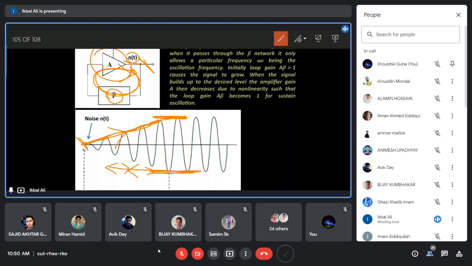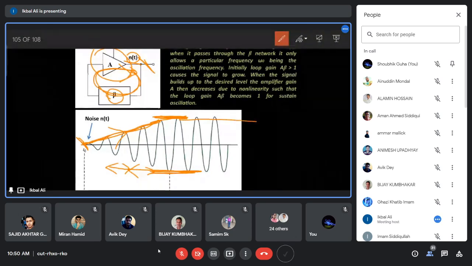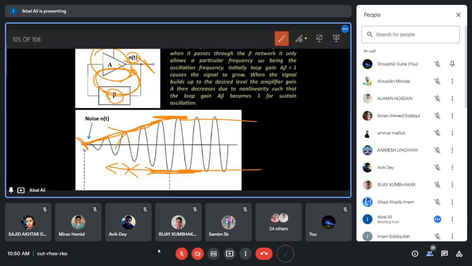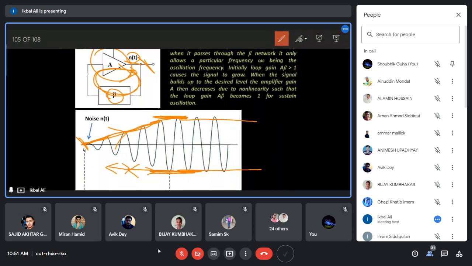It will not allow further increase of the signal. That is why after a certain point you get a constant signal, because the amplifier nonlinearity restricts the signal up to that level. It will cut out the amplitude of the growing signal and make it constant. So in this way, the noise signal produces an oscillation signal at the output.